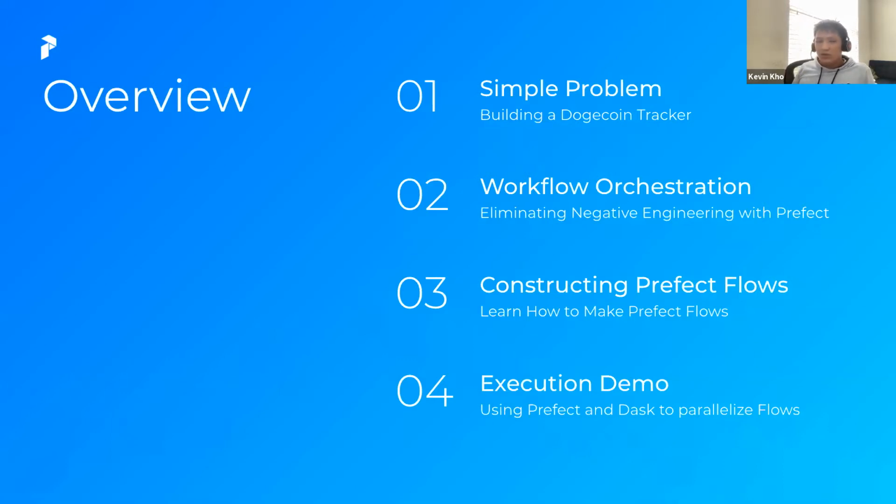That's why we'll need a product like Prefect, where we can offload that sort of failure handling to a workflow orchestration system. So we'll learn how to translate that into Prefect, and then I'll give a quick demo of how to use Prefect and Dask to parallelize flows.